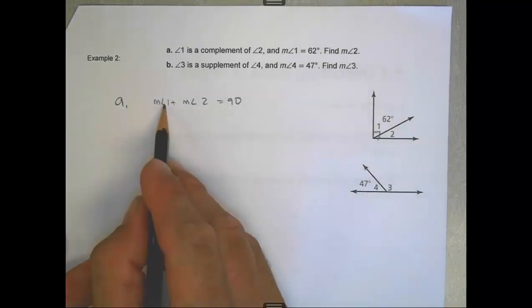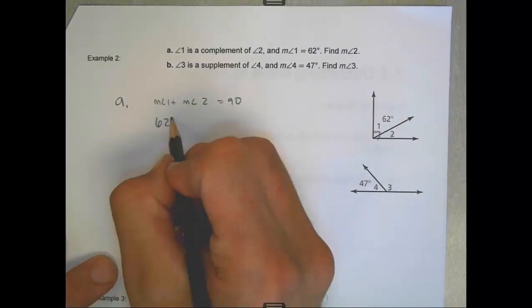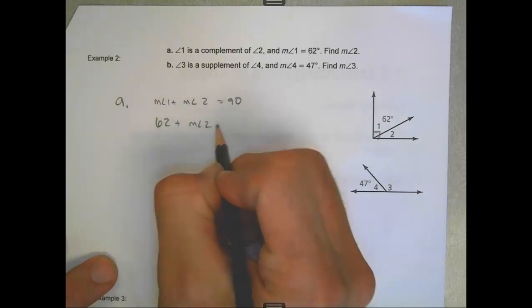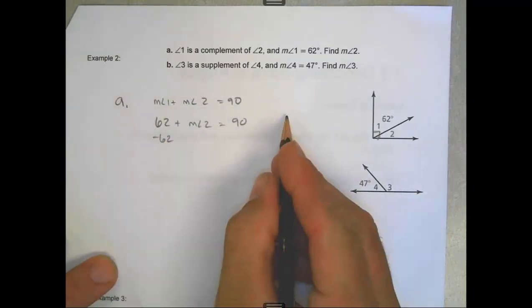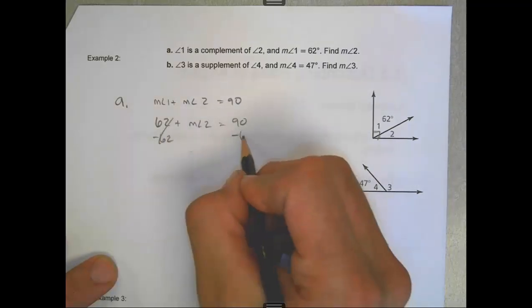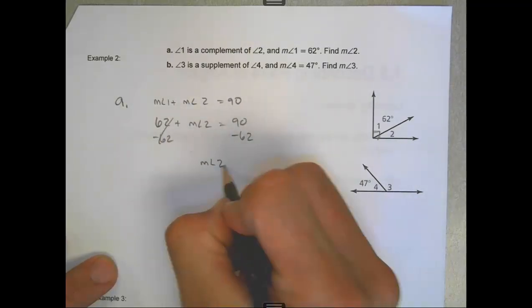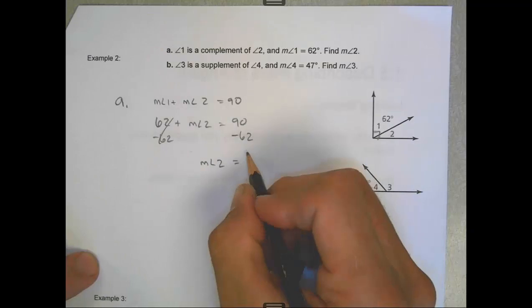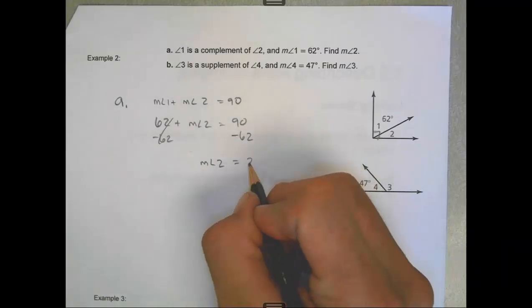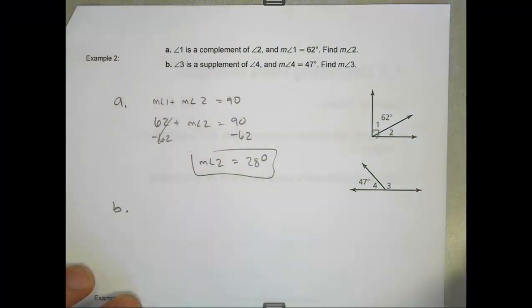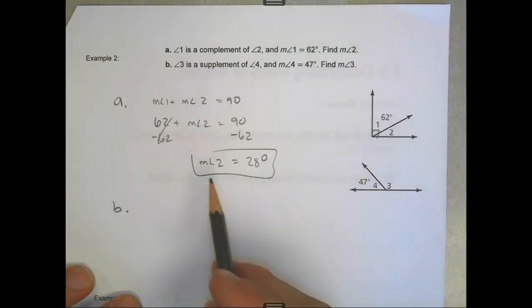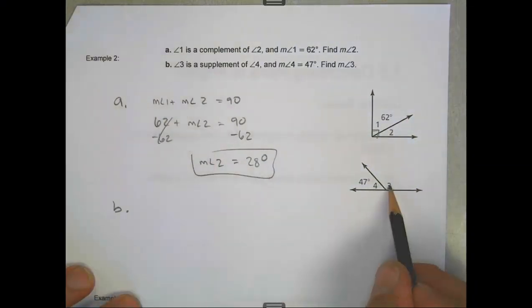If we substitute in that angle 1 is 62, now we can just solve using algebra. That was substitution for our justification. We're going to subtract 62, and we get the measure of angle 2 is 28 degrees.